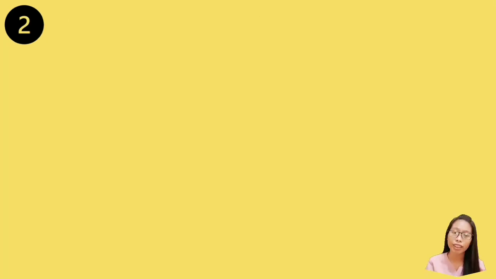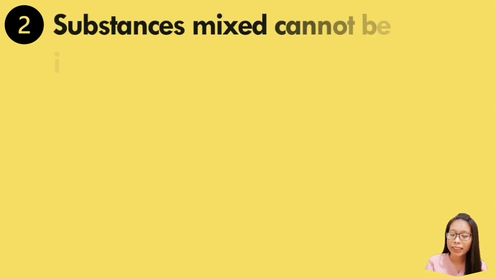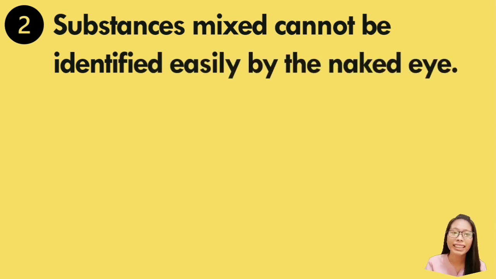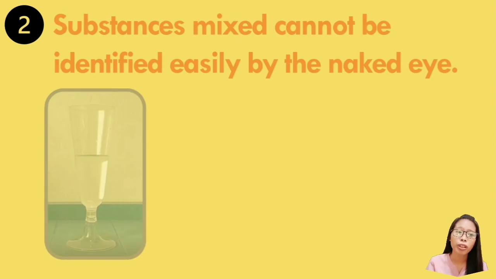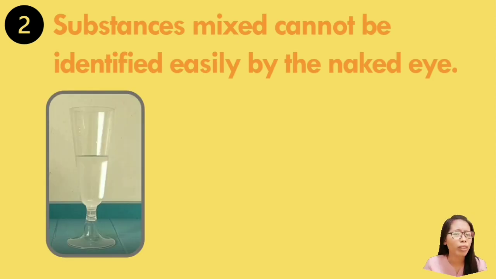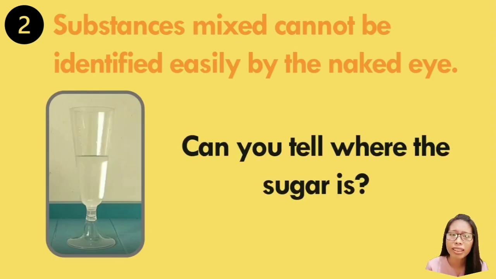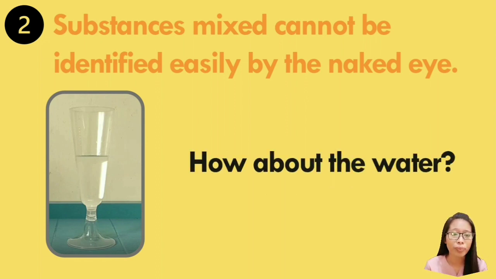The second characteristic of a homogeneous mixture: substances mixed cannot be identified easily by the naked eye. In the sugar-water mixture, can you tell where the sugar is? How about the water?